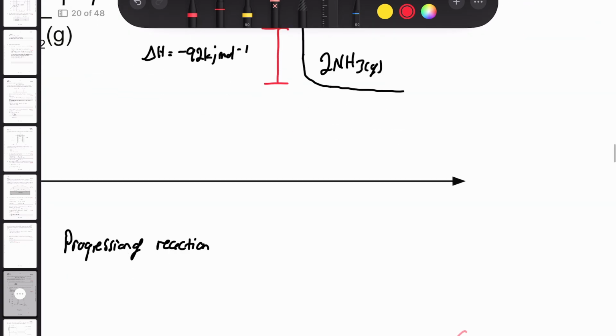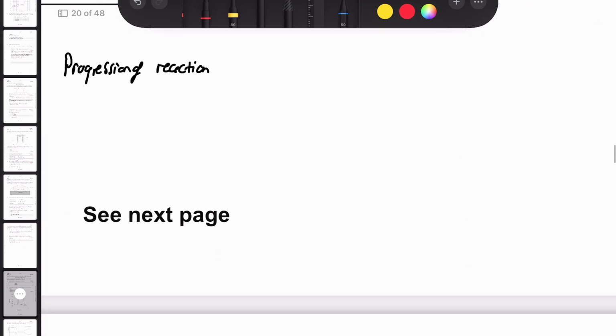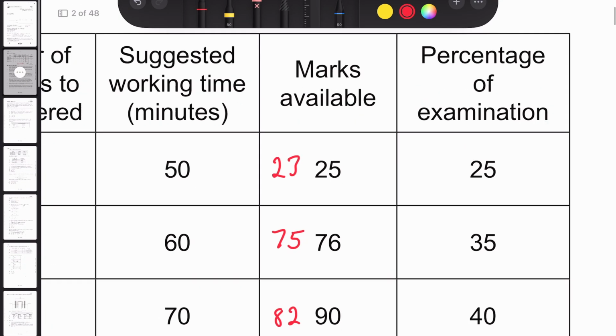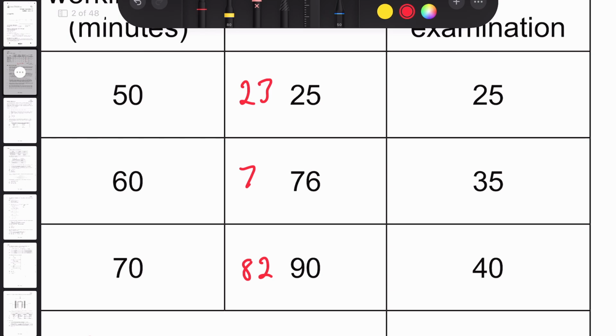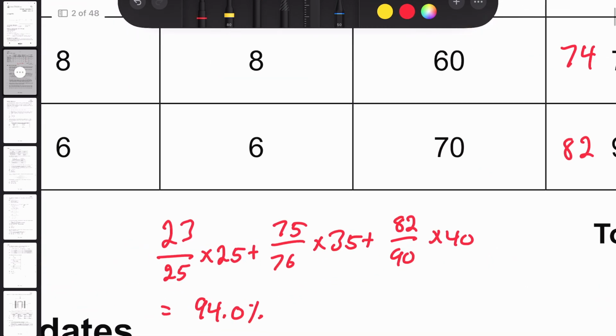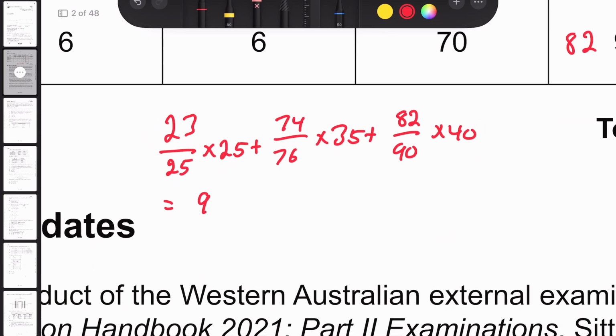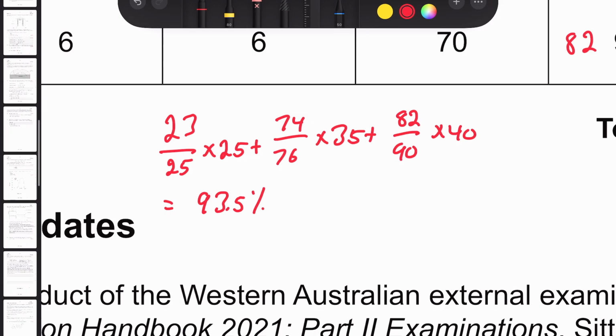Can't believe I've done that. So that'll be 5 marks for this page. So I'll change this to 74. And then our total is now 93.5%. Yikes, that's kind of embarrassing.